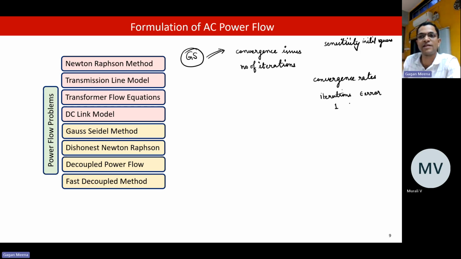In the first iteration the error was 1. In the second iteration the error became 10 raised to power minus 1. In the third it became 10 raised to power minus 2. In the fourth, 10 raised to power minus 3. In the fifth, 10 raised to power minus 4.